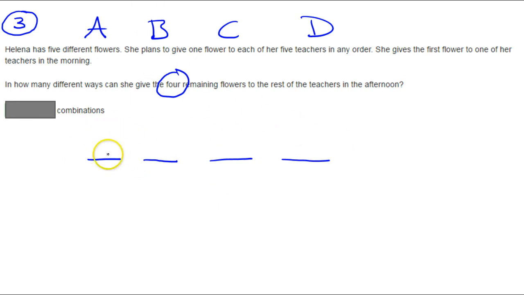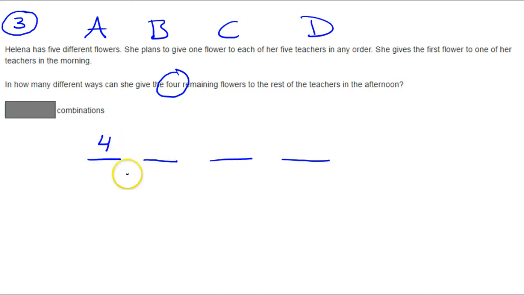But to do this efficiently, we could use the fundamental counting principle, which means if we look at how many ways there are to do this, then we can just multiply. Okay, so how many choices are there for the first teacher? Okay, there are 4.